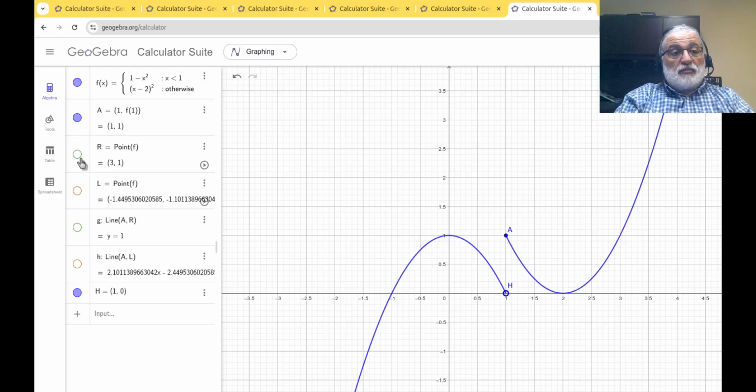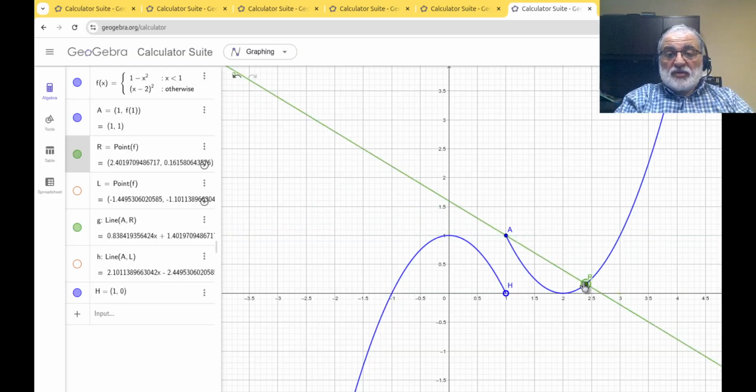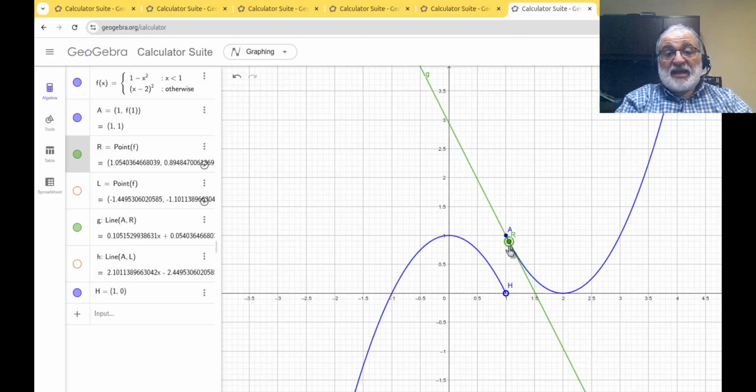So again, we put a point to the right of A and connect that point to A, and we bring it closer and closer from the right side, and as you can see, we are approaching a slanted line.